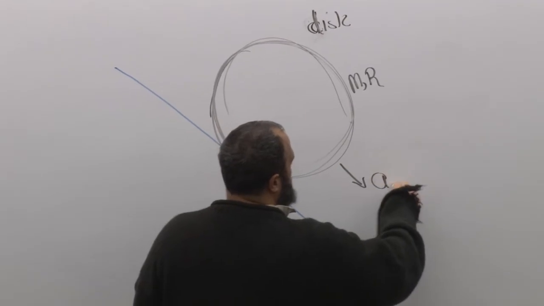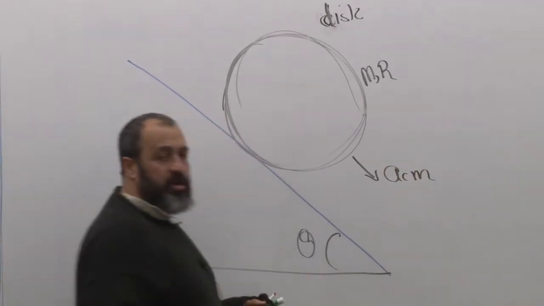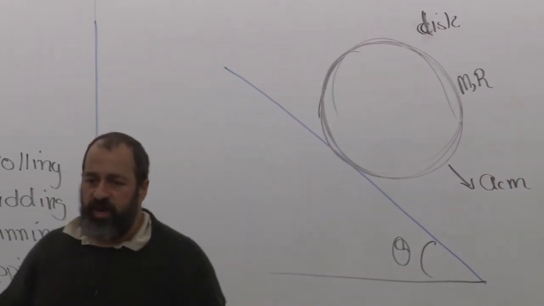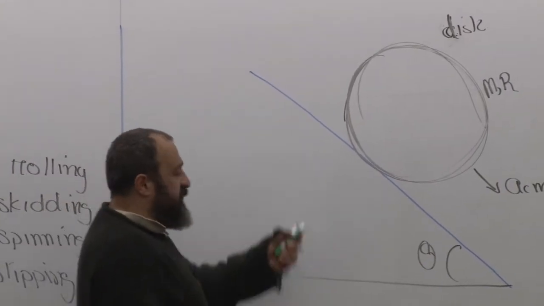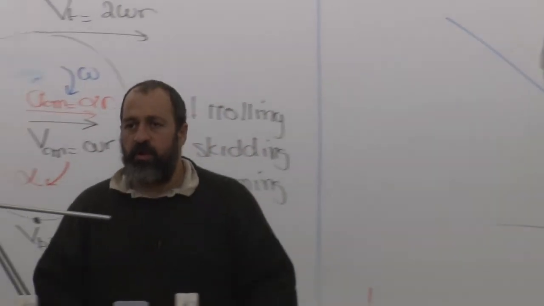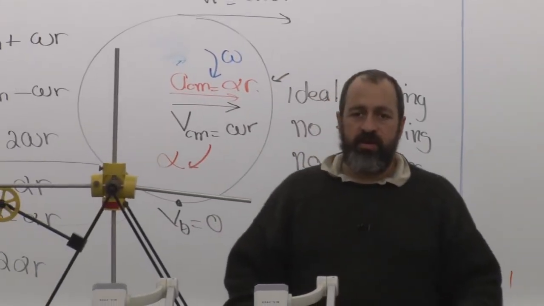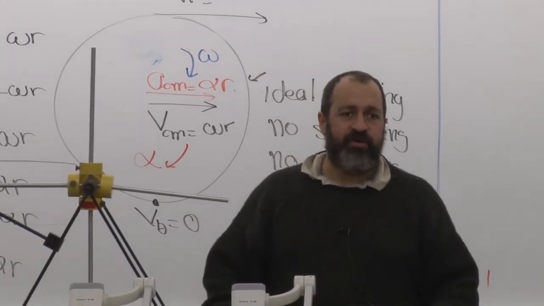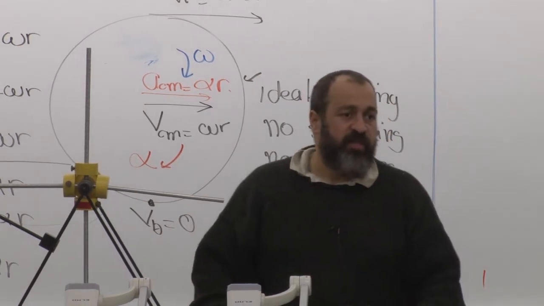What is a_CM equal to? Also, please pay attention to this point. There is friction here. There has to be friction, otherwise we will not roll, right? The question will also likely ask you what the force of friction is on this thing.